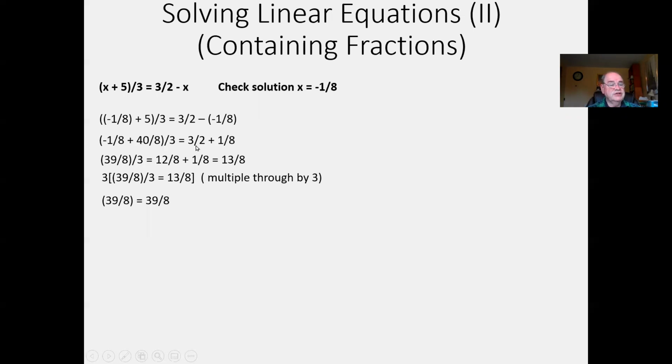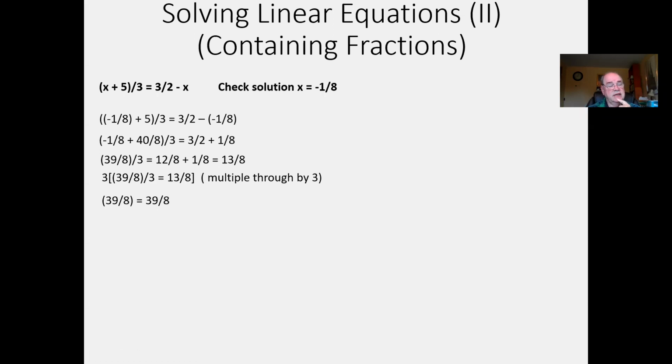I want to add two fractions, 3/2 and 1/8. I need to change that 3/2 into 8ths. Then I can add up 8ths to get 13/8. My next simplification is, although this is an equation in numbers, it's still an equation, and I can do any valid equation manipulation. Here, I chose to get rid of this denominator 3 by multiplying the entire equation through by 3.